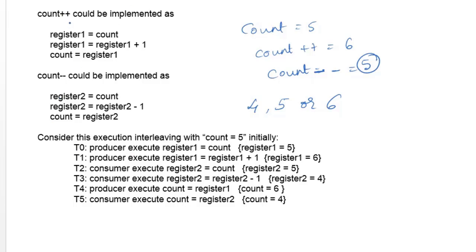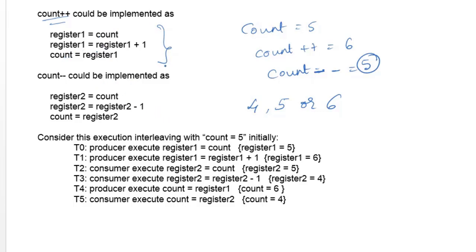Here it is. Count plus plus is a high level language statement. If it is converted into machine language statements, it would typically look like this. We fetch the value of count into a register. After fetching the value into the register, we increment it and store the content back to the memory named count.